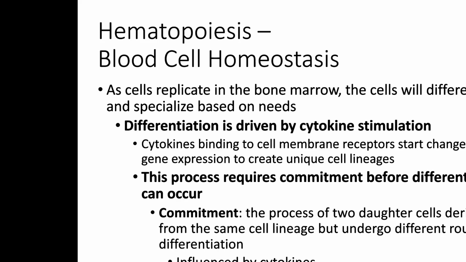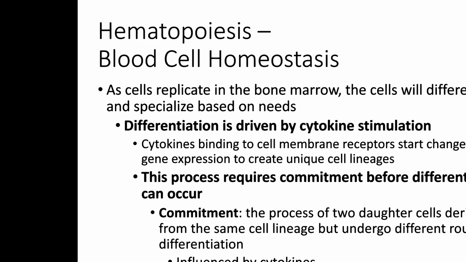That being said, commitment must occur before differentiation can occur. Commitment is basically the process of two daughter cells who originally came from the same line, but once they divide, they start undergoing different routes or different paths down their maturation or differentiation pathway.